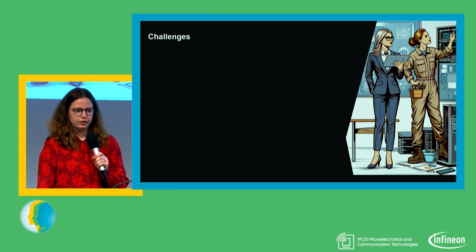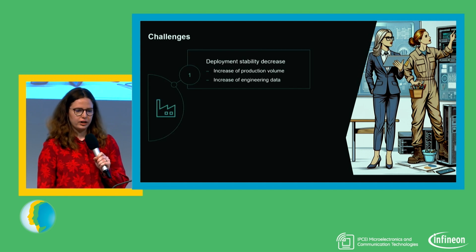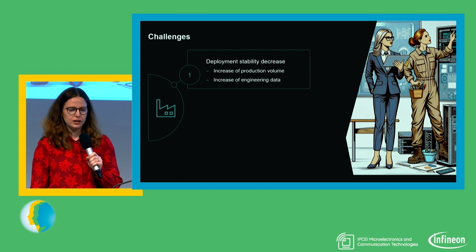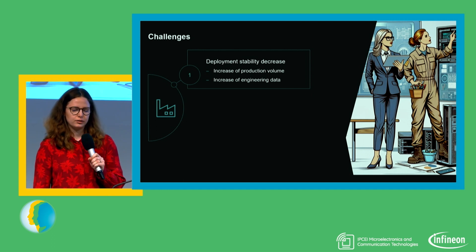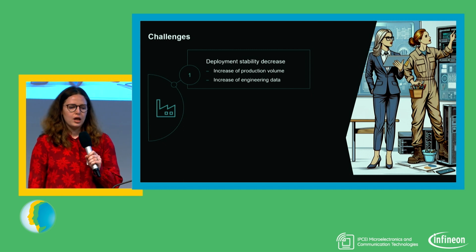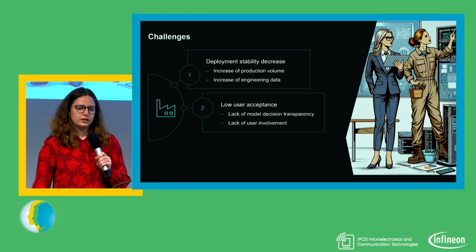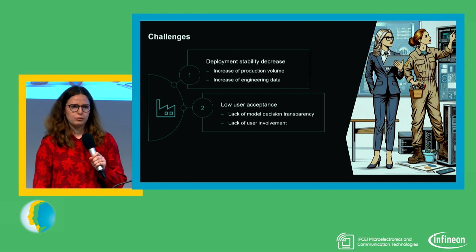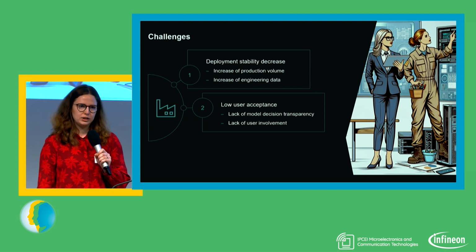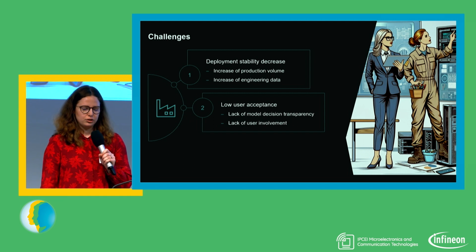Challenges that we face in this stage are, for example, the deployment stability. We could have a decrease in the stability due to an increase or decrease of the production volume, or an increase in the engineering data. User acceptance is also a key aspect that we need to consider, in order to make sure to include the users at an early stage and show them how the model helps to make their lives easier as well.